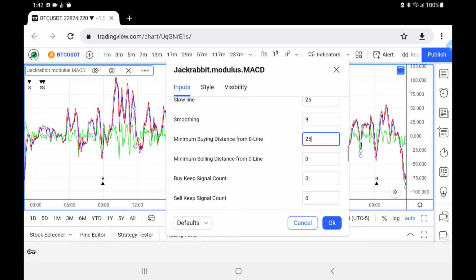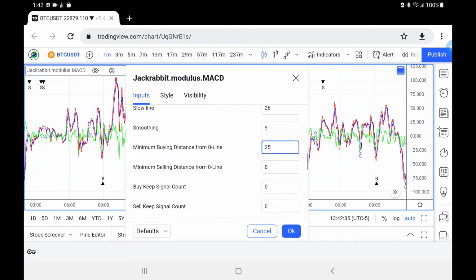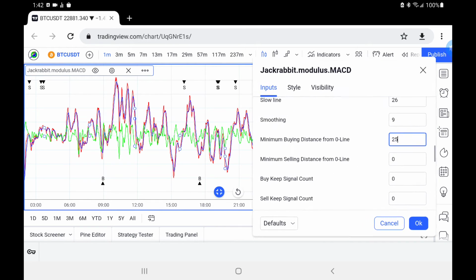So we have a MACD distance of the crossover from the zero line of 25. And that has given us really some pretty good entry points. So let's see about our selling.